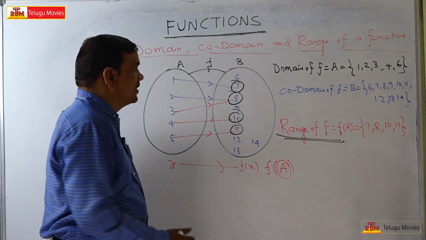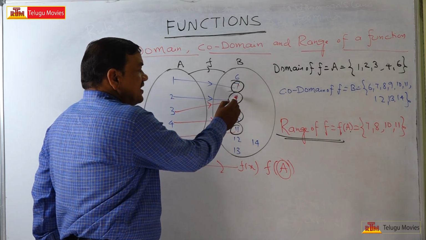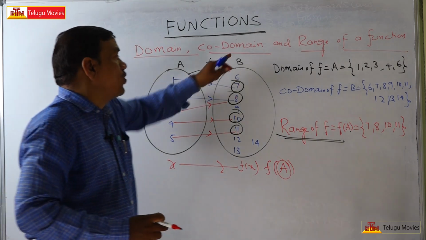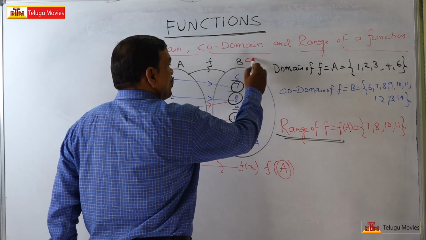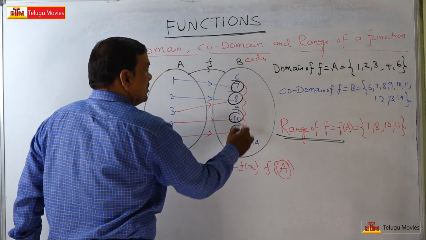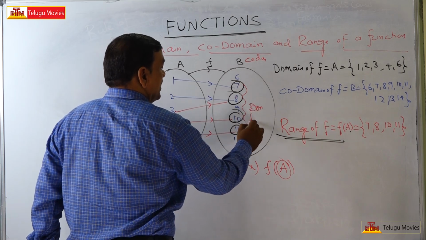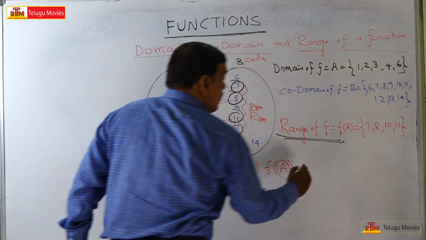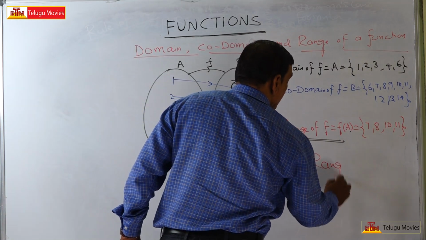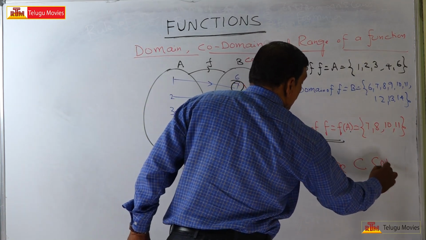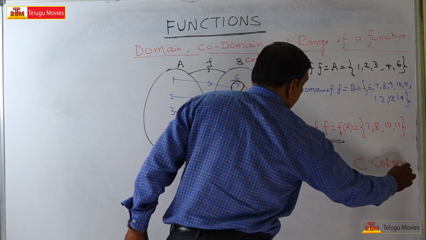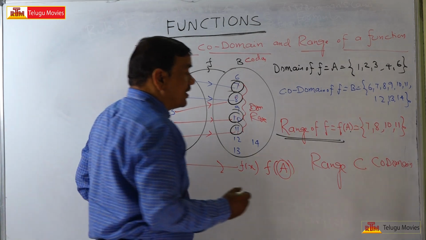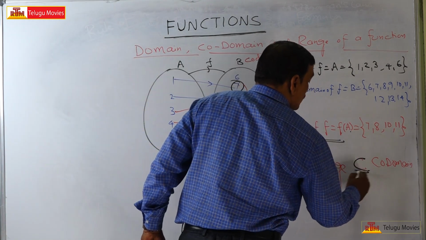The range, 7, 8, 10, 11, is surely a subset of the codomain. So range is a subset of codomain. I will write one more thing: range is a subset of or equal to the codomain.